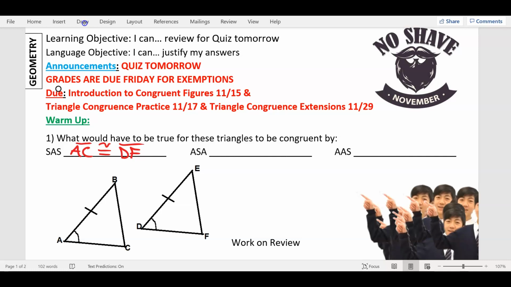Do you see how we're kind of working backwards? We're finding what we need, okay? In the middle, ASA. Now check it out. I have an angle, I have a side, so then I would need, right after that, another angle for it to be ASA. So the other angle would be what?